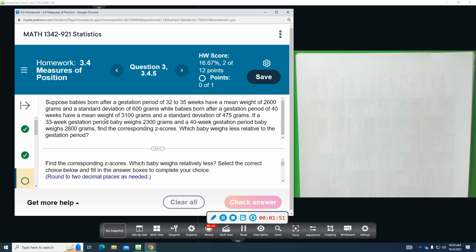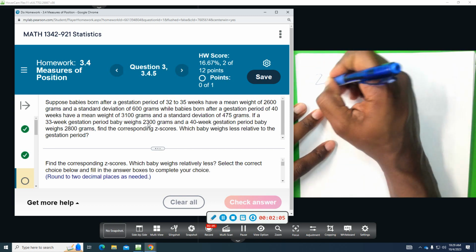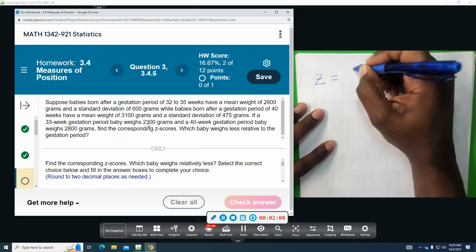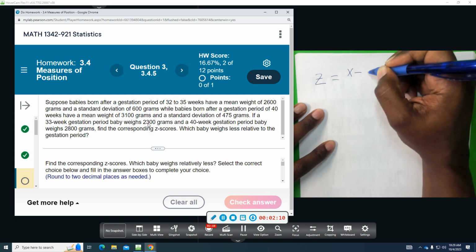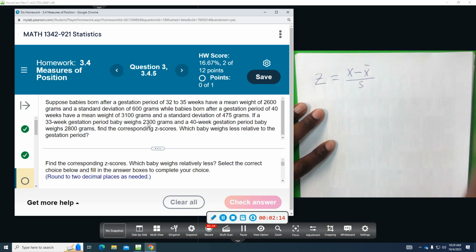If a baby is 33 weeks, so that's going to be in this time frame, and has a weight of 2,300, the z-score is the data value minus the mean, it could be the population mean or sample mean, divided by the standard deviation.